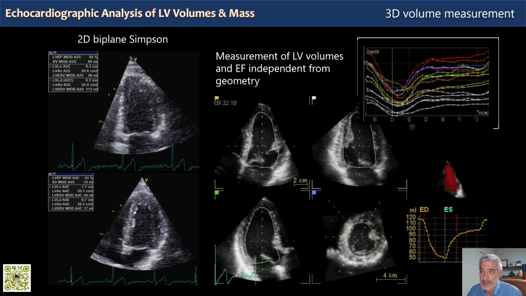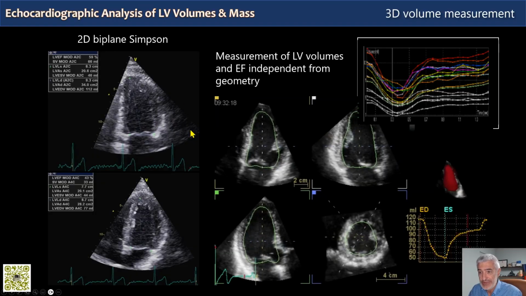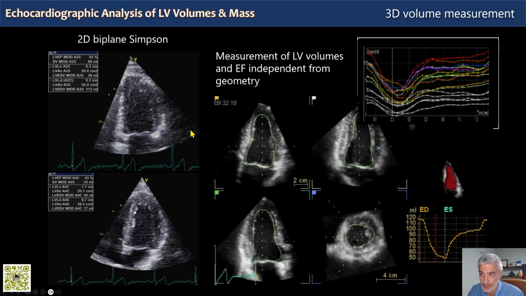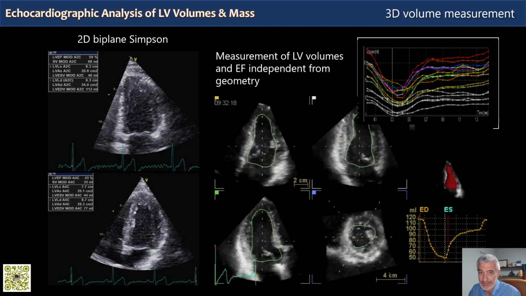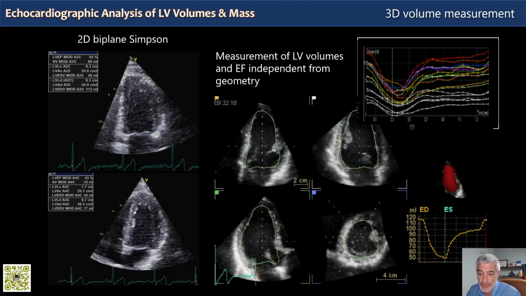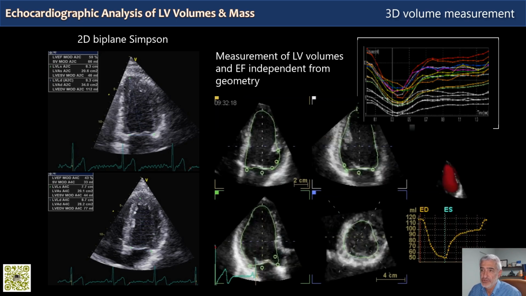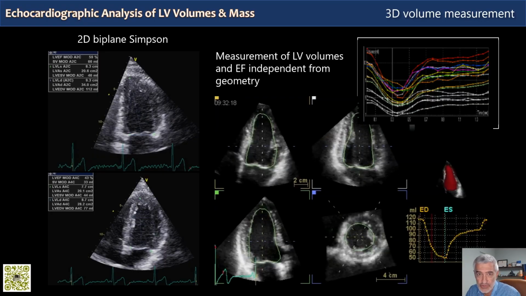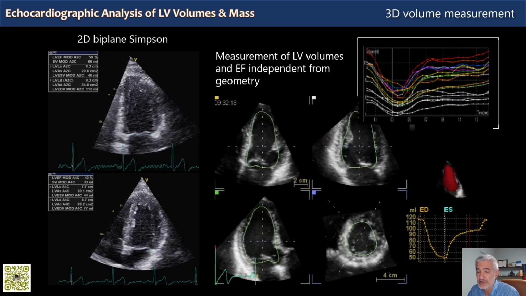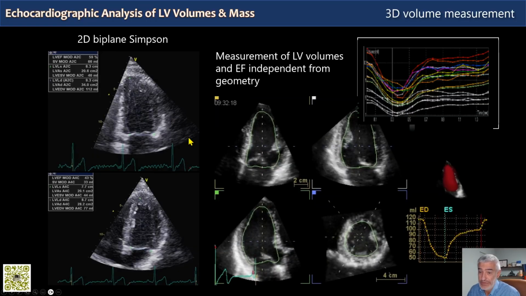However, remember that the baseline 2D imaging must be optimal because there is a decrease in quality of the imaging when you switch on the 3D probe. There are different commercial software, probes and calculation algorithms available, constantly improving. The one you see here at this point is quite old.